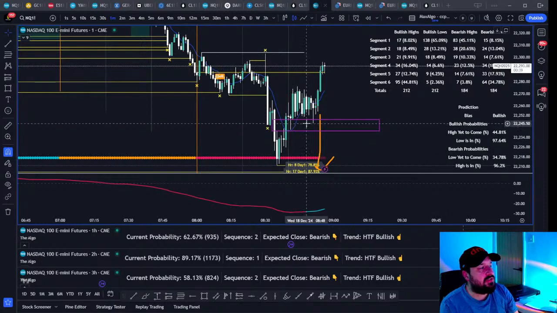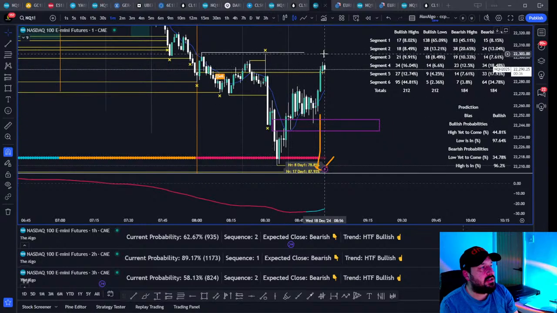I think we'll see Dodgy Dave on this one, right? Targeting this high.